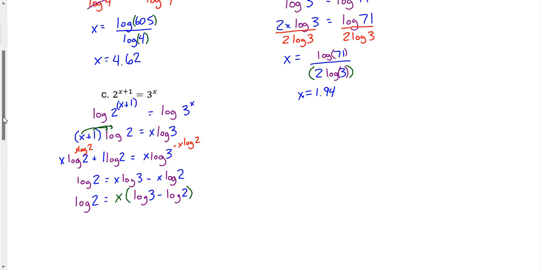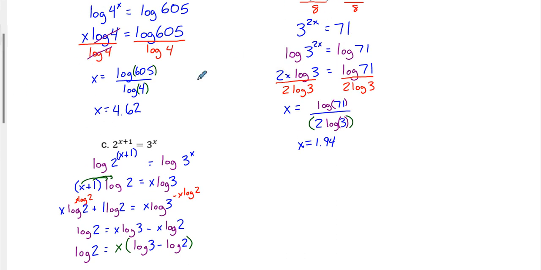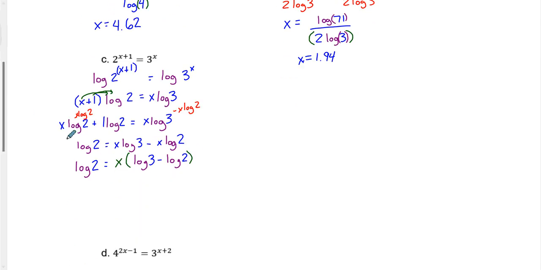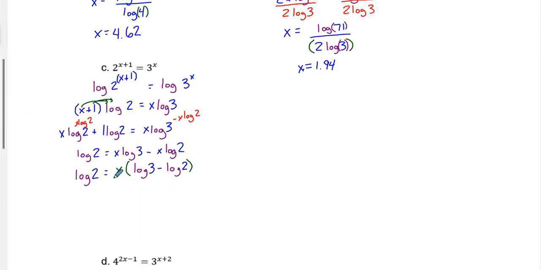Now, just like in all of our other questions, we just have to divide by what's multiplying x. Here, to get our x by itself, we divide the entire side by log 3 subtract log 2.